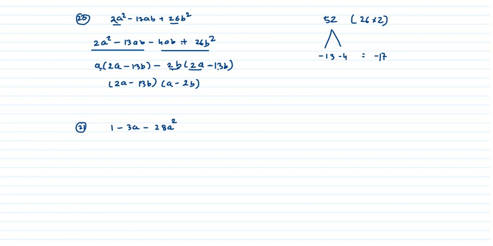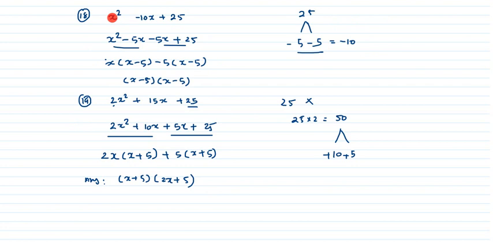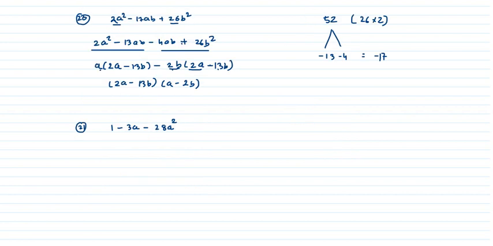Now one more variety which is again easy. See, so far what you have seen: first of all you get x square or a square, whatever, then your x, then the constant term. This will always be the sequence. But now you are getting a different, reversed sequence. So you have to first put it in ascending order: 28a square minus 3a plus 1.